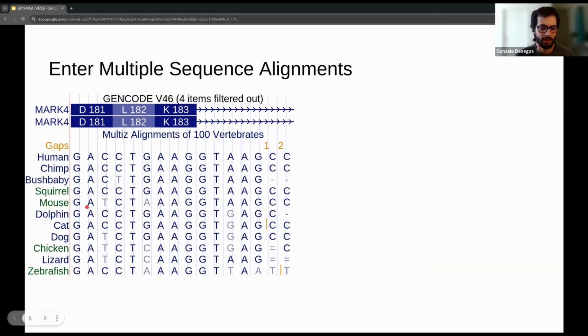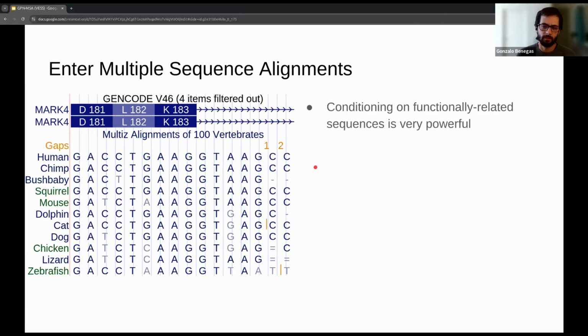You can see the GT, the splice donor motif, is very conserved. And more in the intron, you can see there are substitutions, gaps, insertions. So if you look at the evolutionary context of a sequence, that already gives you a lot of information that you can use.